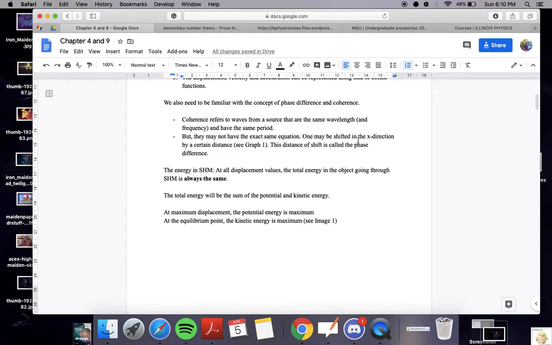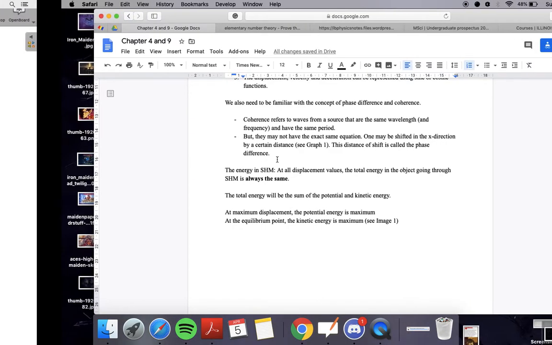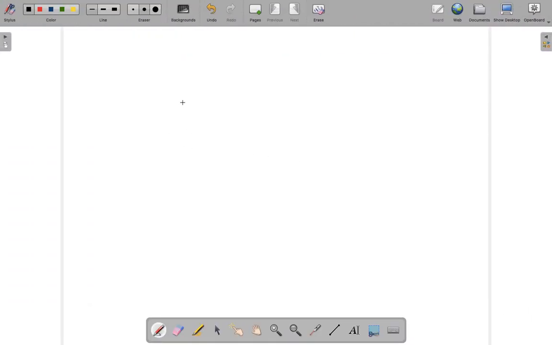Now we have the concept of phase difference. I'll add in a picture over here for phase difference in the notes. I think I forgot to do that, so I'll draw it out. If you plot the displacement and time graph of two waves, remember we said earlier, if they're going through simple harmonic motion, they'll be given by a sine function or a cosine function.